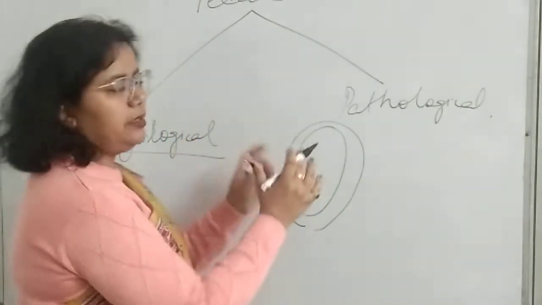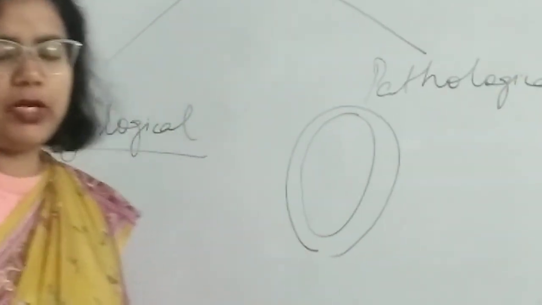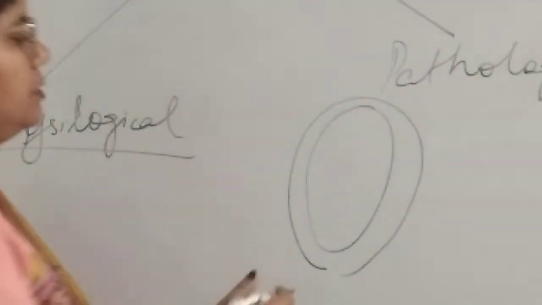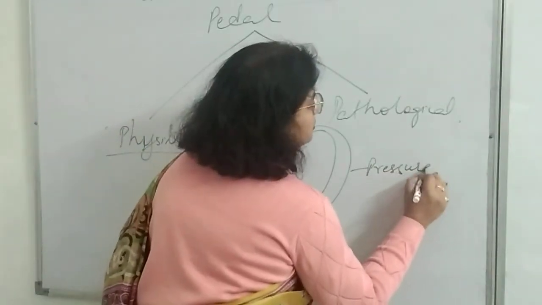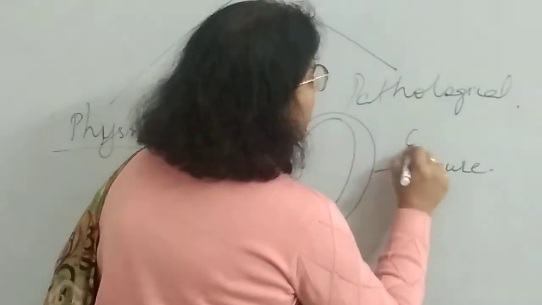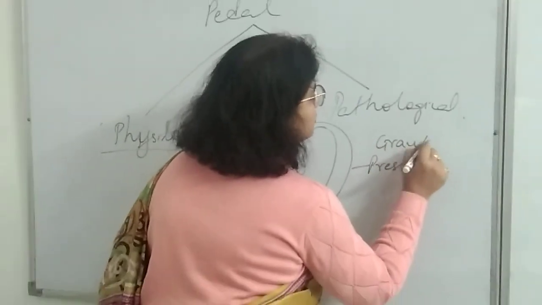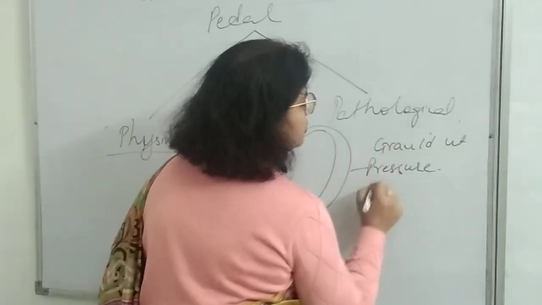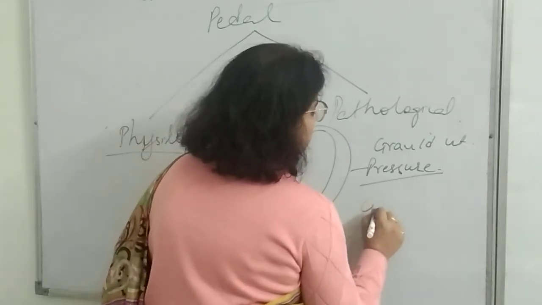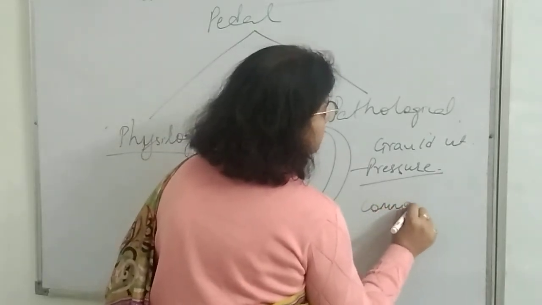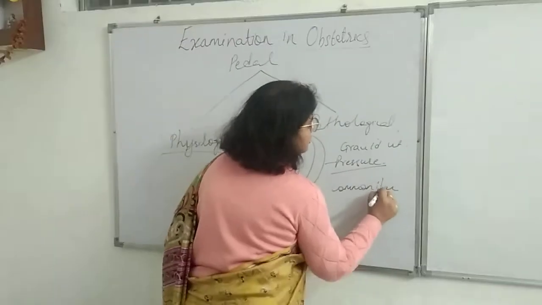It becomes heavy, it occupies extra space from your abdomen. It causes pressure. The gravid uterus causes pressure on the common iliac veins.